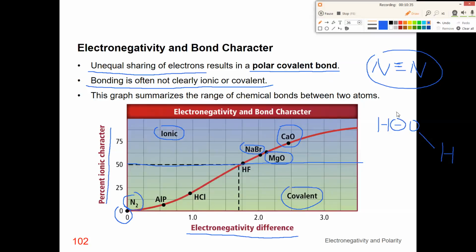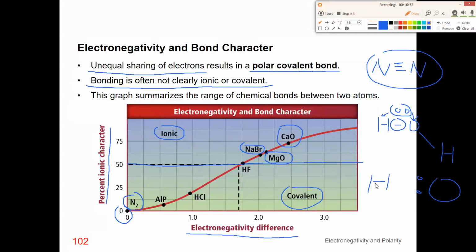This bond is a shared pair of electrons, so the pair is closer to oxygen and further from hydrogen. That's what we call unequal sharing of electrons: electrons closer to one atom than the other.